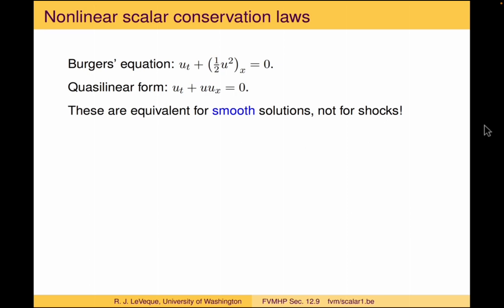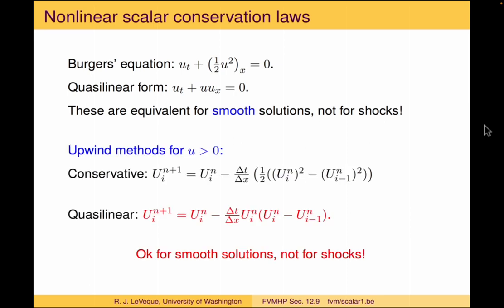But once we start looking at discontinuities and shock waves, they're not equivalent, and if you want to capture the shock wave properly and get it propagating at the right speed, it's very important to calculate with a numerical method that's in conservation form. For example, we could extend the Upwind method in a couple of different ways.